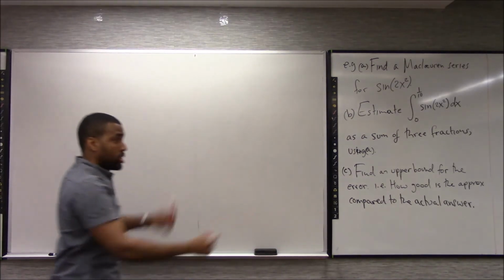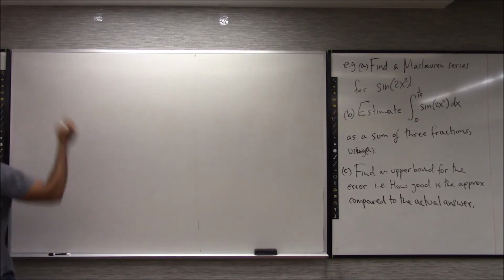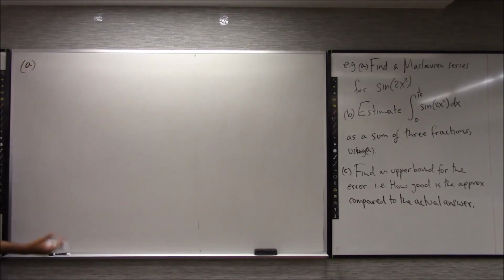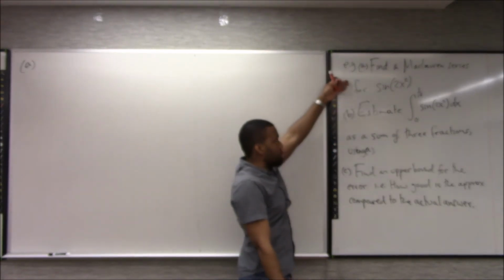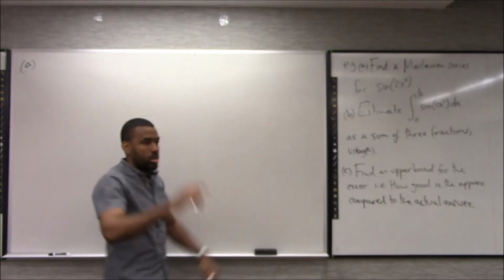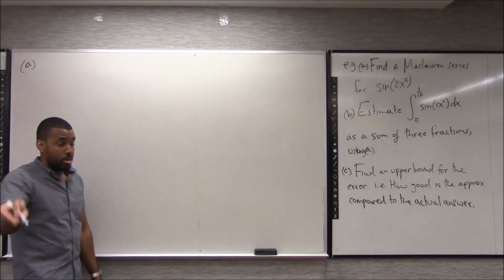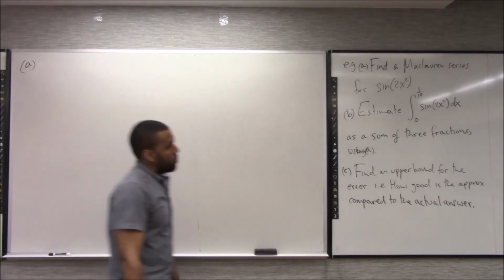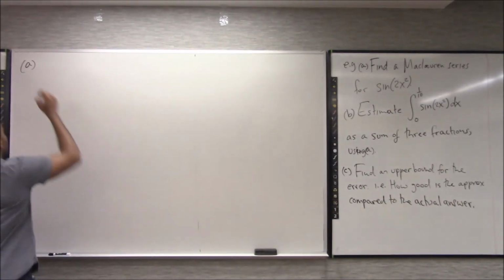Okay, so if something like that showed up in the final, this is what the solution would look like. Or the solution I would expect you to do. It's not the only way to skin the cat, but you could just brute force develop this from scratch by doing the formula, the nth derivative evaluated at 0 over n factorial, and try to find a pattern for that and write it down. But it's much easier to just use the fact that we know what sine is.